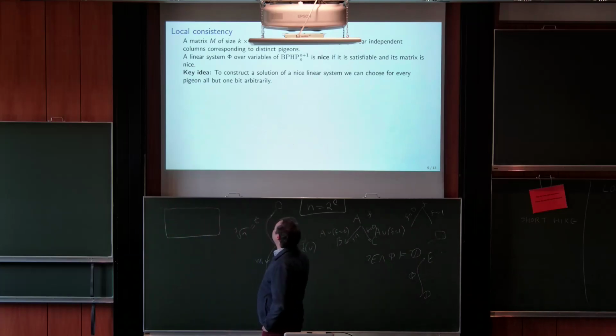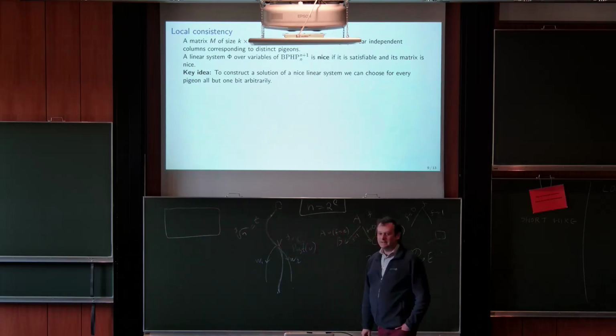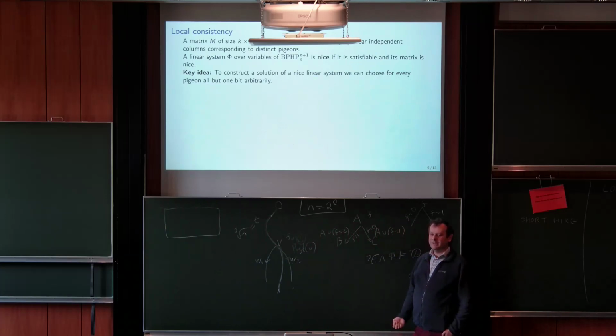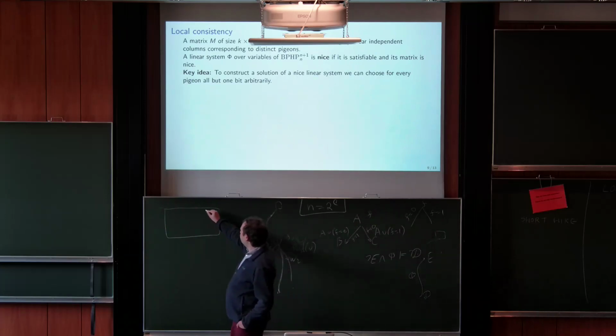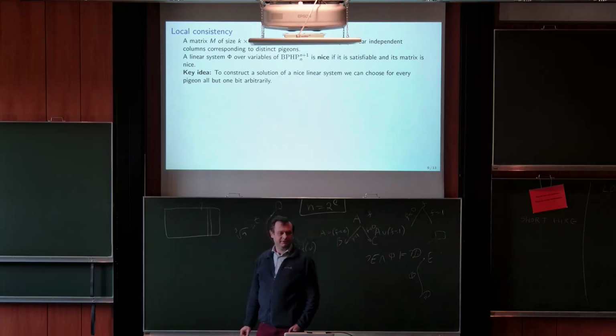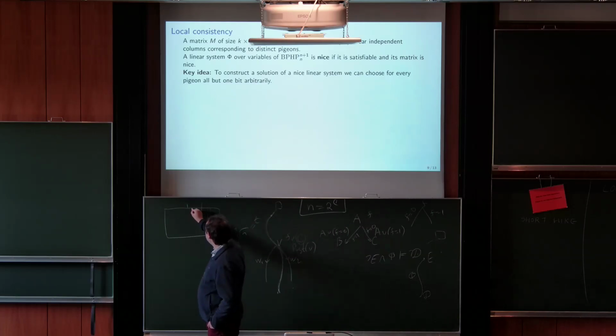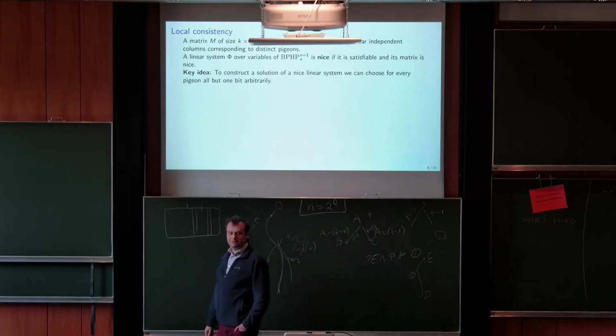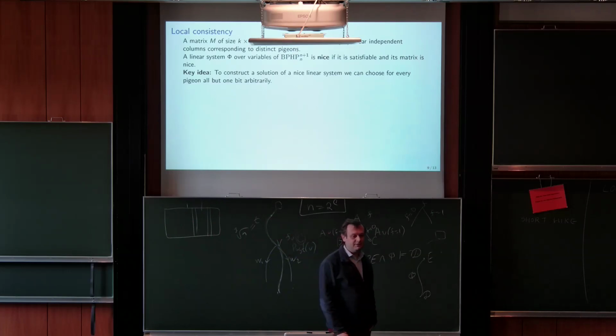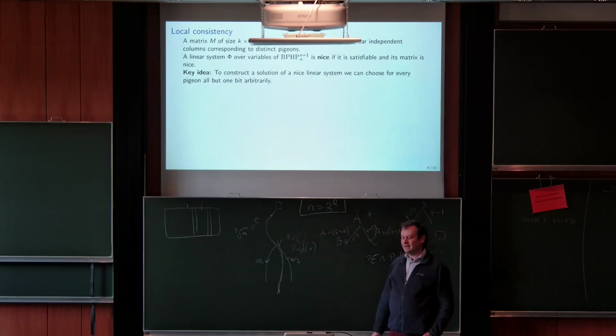We say that this matrix is nice if there is a basis in the set of columns of this matrix such that for every pigeon we have at most one column in this basis. We say that such a matrix is nice. And the linear system is nice if it's satisfiable and its matrix is nice.